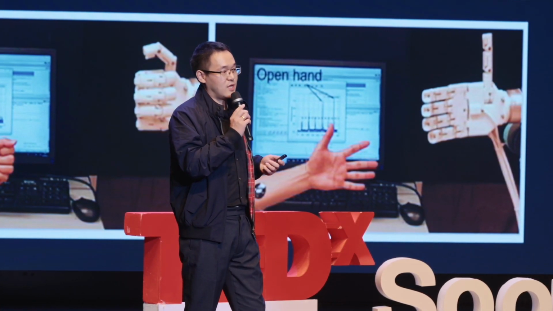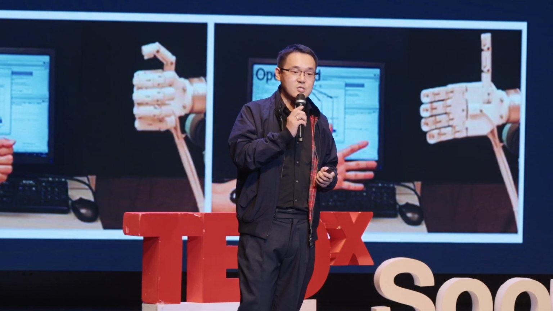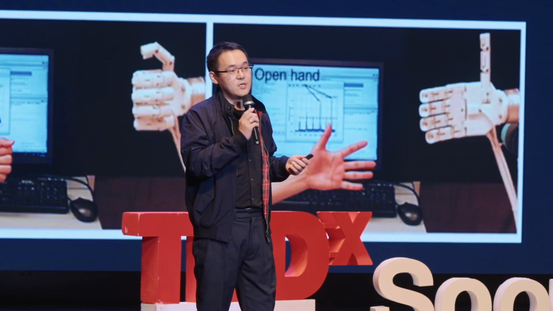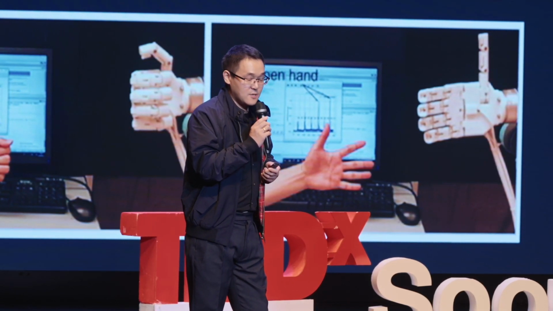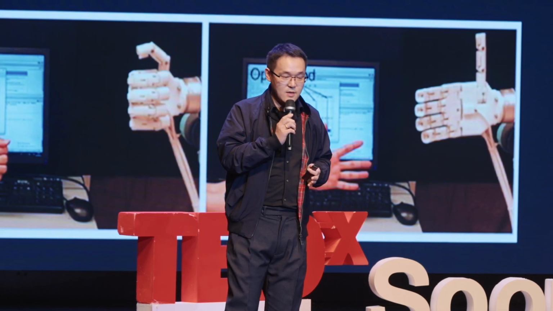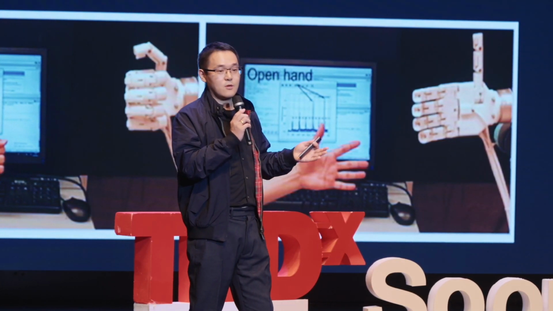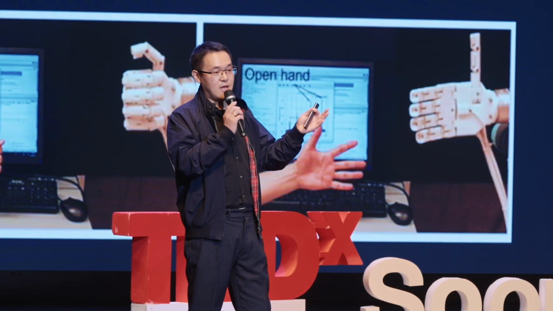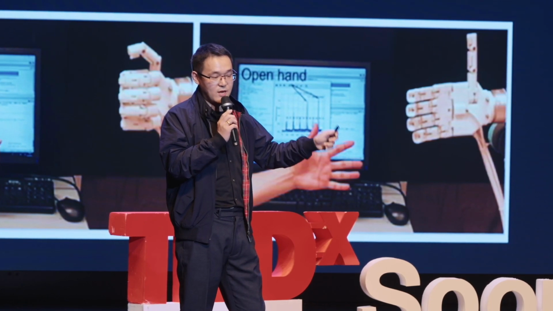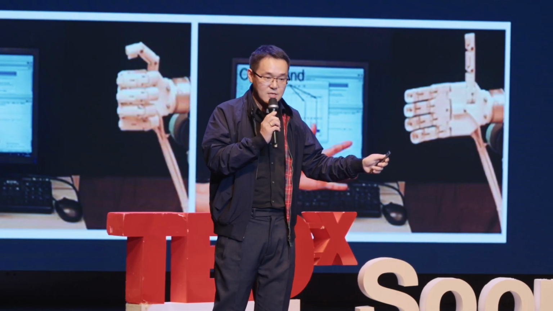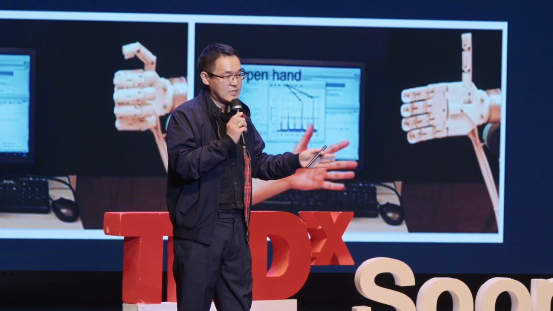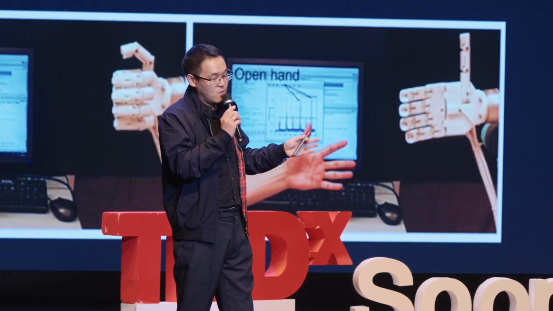We use muscle signals, which we call EMG signals. The principle is very easy. Even if you lost your hand, if you want to grasp anything, your muscles will create a tiny movement.